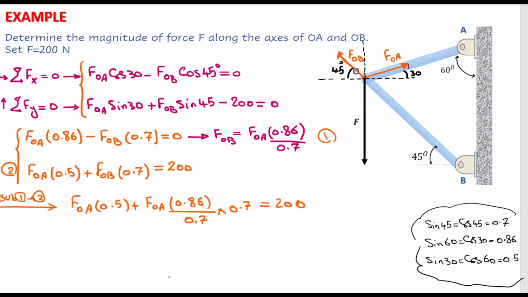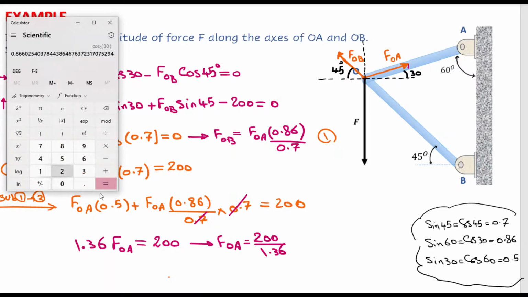I can simplify these two, and then I will have 0.5 plus 0.86, that is 1.36 FOA equals 200, and from here you can find out that FOA is 200 over 1.36.